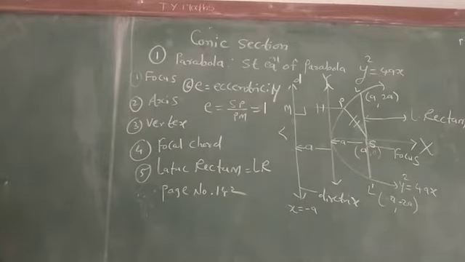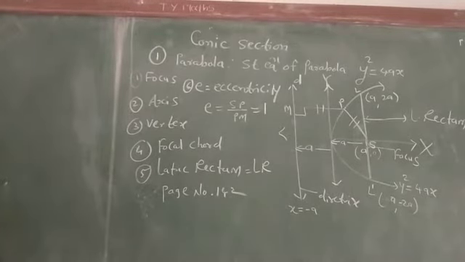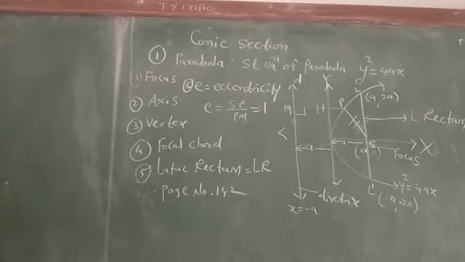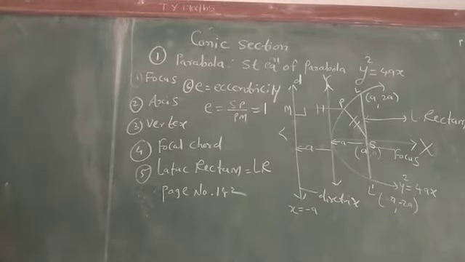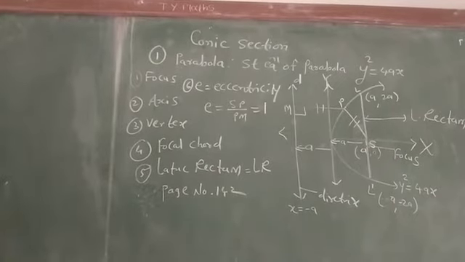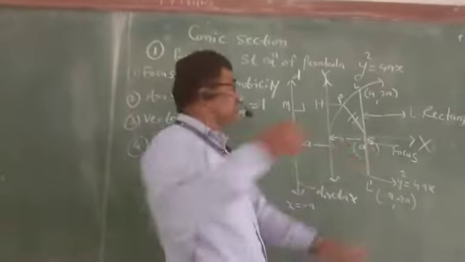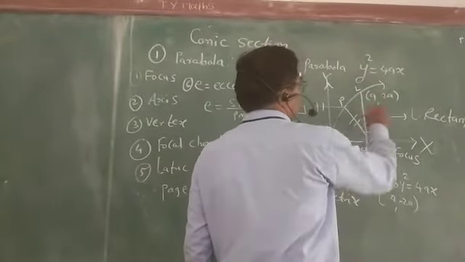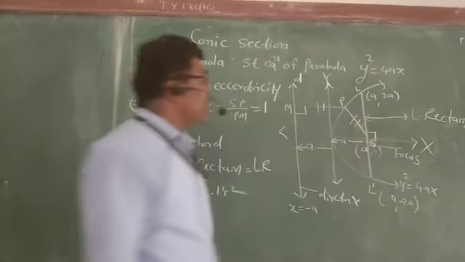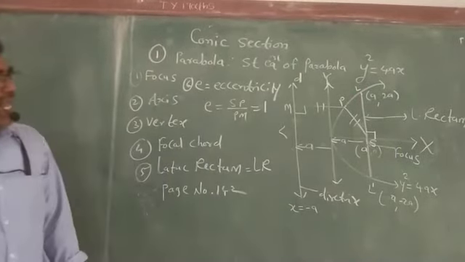Focal distance: the distance of a point on a conic section from the focus is called focal distance of the point. Latus rectum: a focal chord of conic section which is perpendicular to the axis of symmetry is known as latus rectum, that is latus rectum L dash.